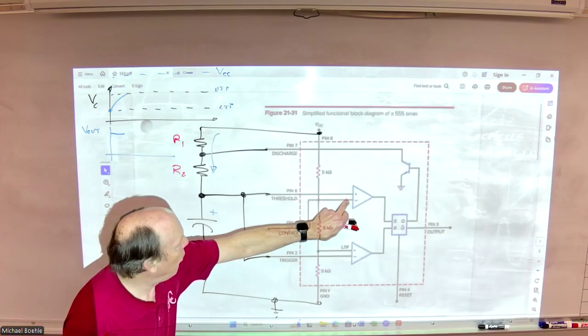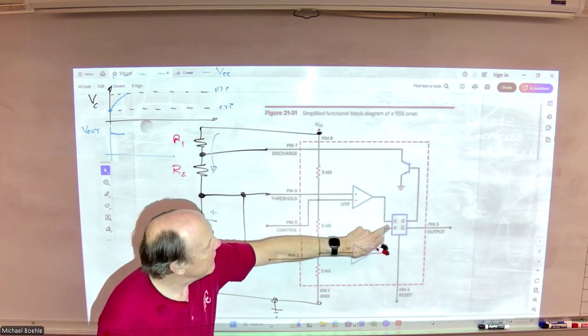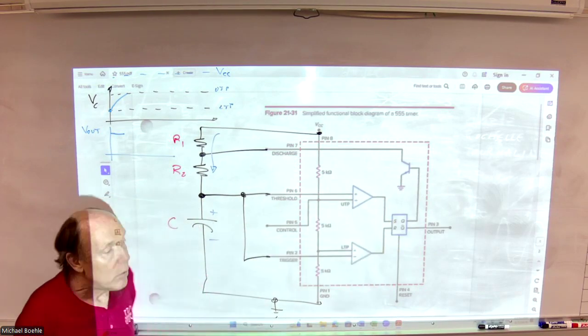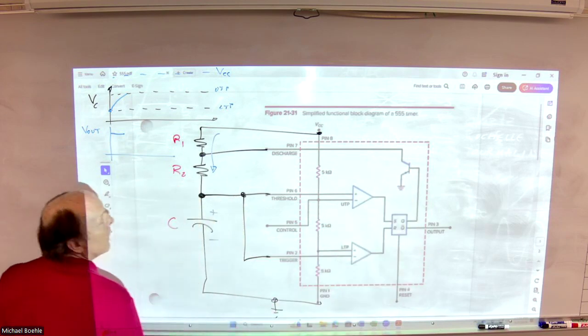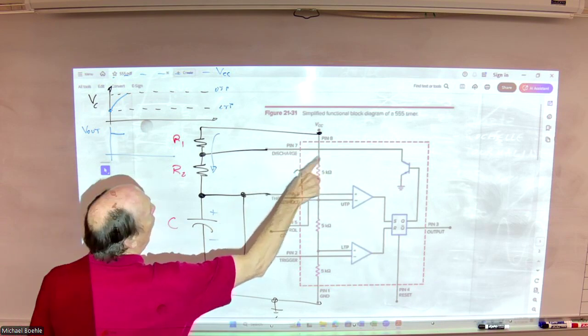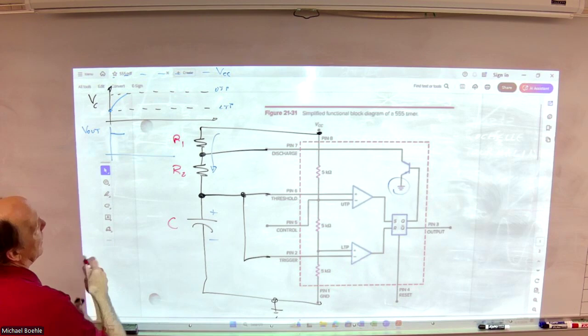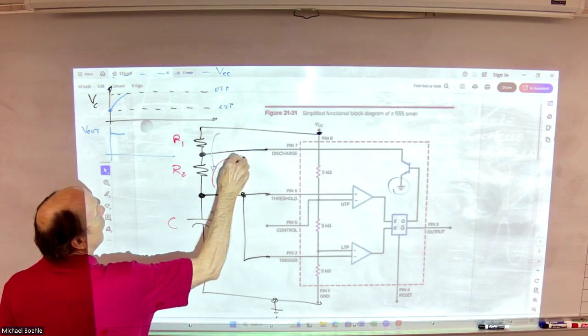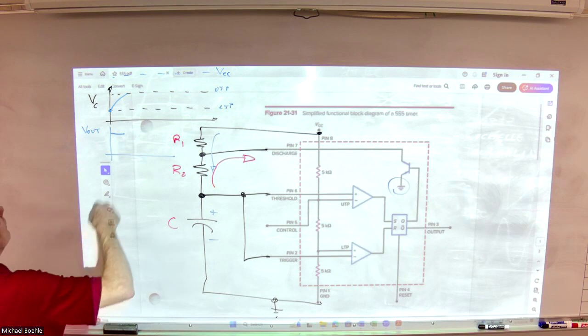When I hit that upper trip point with that capacitor voltage, this is activated. I set, which means Q goes high. So when Q goes high, this point is essentially connected to ground. And now the capacitor starts discharging, which means the capacitor voltage starts to drop.